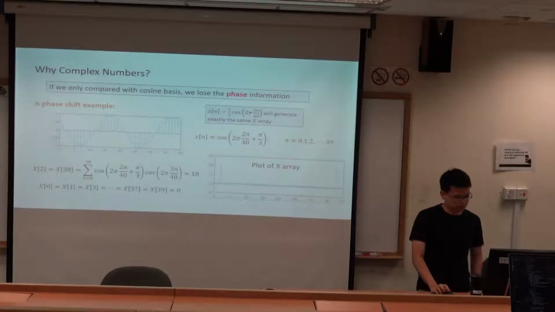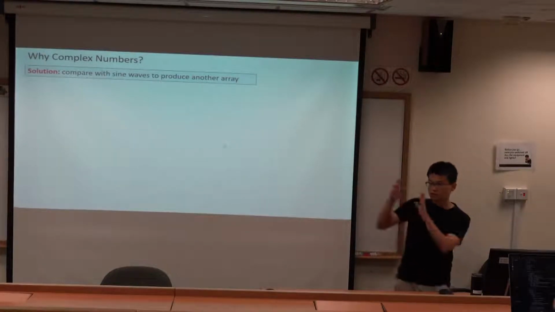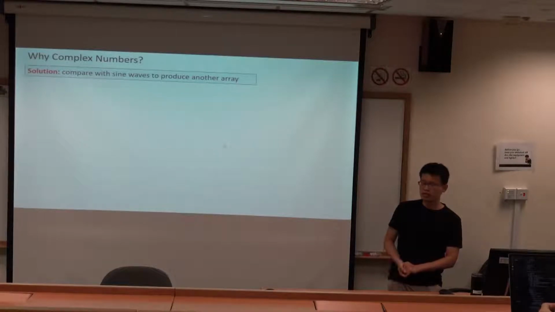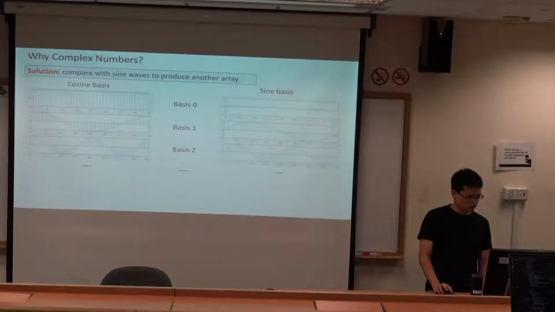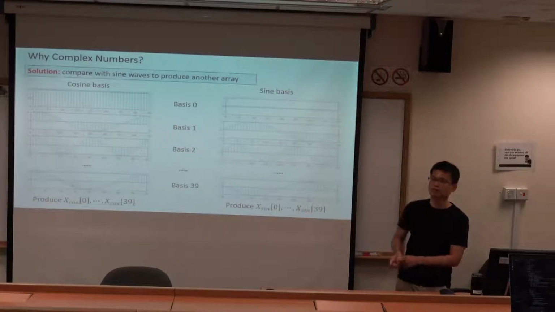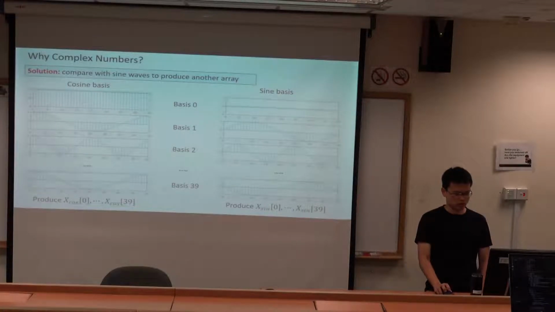The solution is quite straightforward. We compare with another 40 bases of sine waves. And then we produce 2 arrays, right? One for cosine comparing and one for sine comparing.